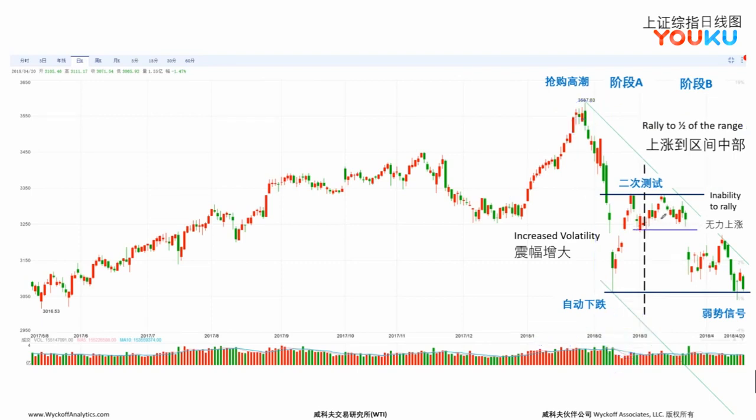The next two rallies are just a part of the smaller range at this point. So the next one attempts to increase the effort, or at least keep the effort the same as on the first rally. But the result is even less. The spread is contracting. The distance that this next rally and the rally after that travel is also contracting, decreasing.